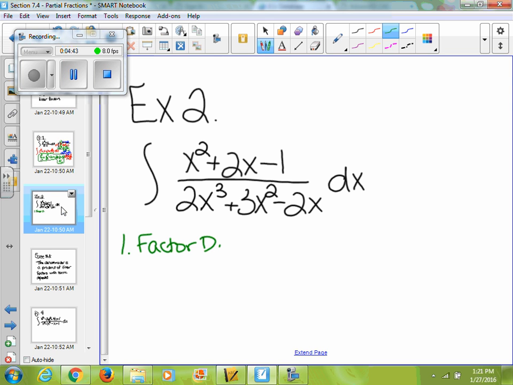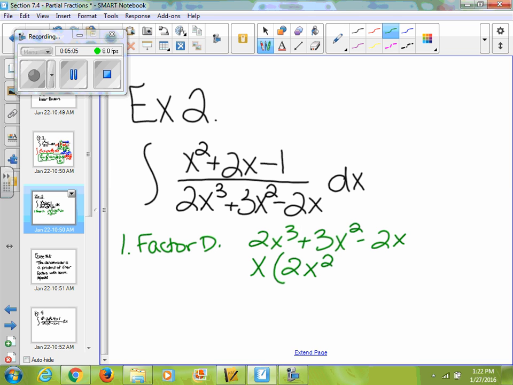Our first step is to factor our denominator when we're dealing with partial fractions. So if I look at 2x cubed plus 3x squared minus 2x, what can I factor out of that? An x. Thank you, Kira. So if I factor out an x, I get 2x squared plus 3x minus 2. I know that 2 times 2 gives me 4.